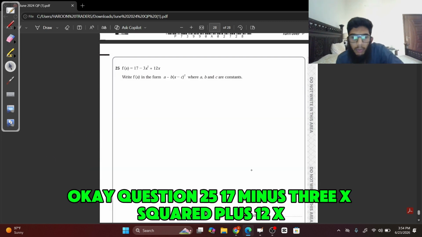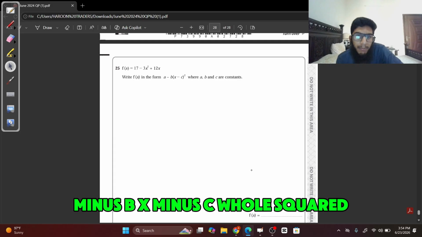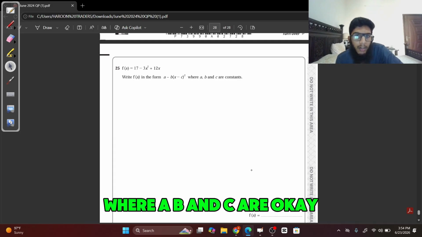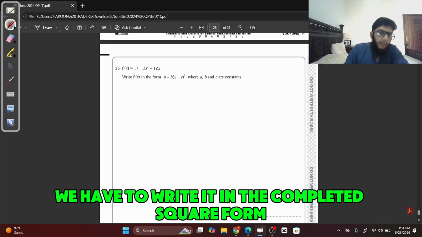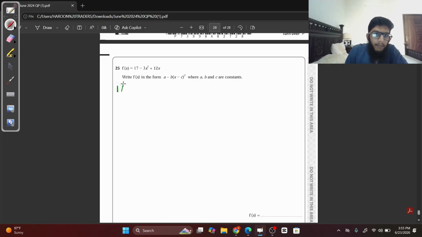Okay, question 25. 17 minus 3x squared plus 12x. Write f(x) in the form a minus b, x minus c whole squared, where a, b, and c are constants. Okay, we have to write it in the completed square form. So first, let's take the 17 outside.